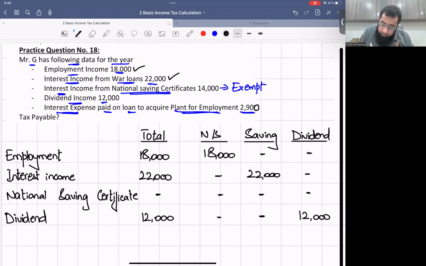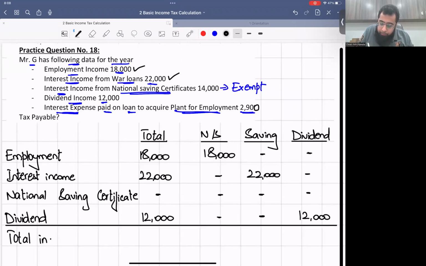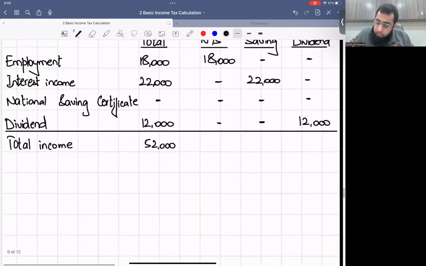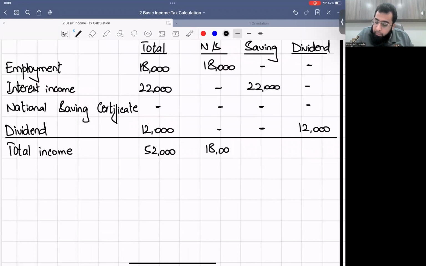We will add up all of them to arrive at the value of total income. 18 plus 22 plus 12, so it's 52,000 in the column of total. Here 18, here it's 22, and the last one is 12,000.